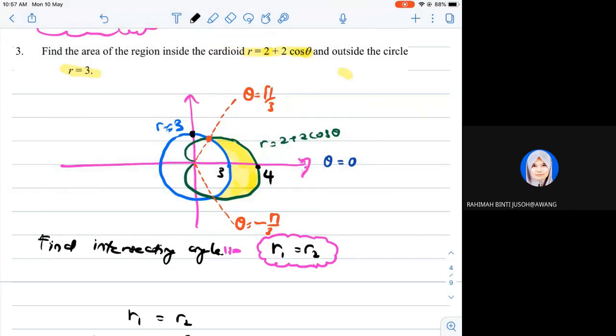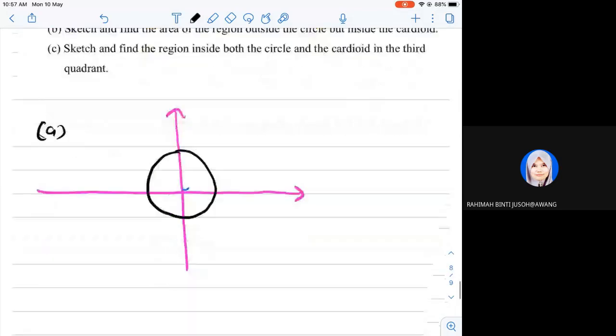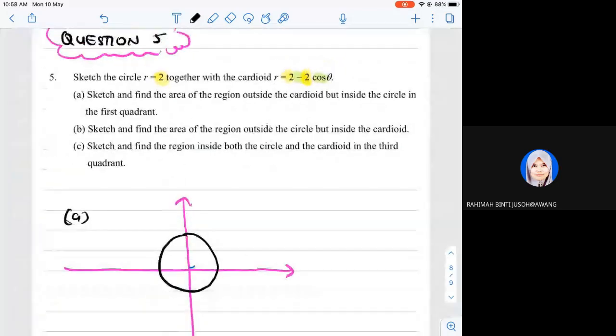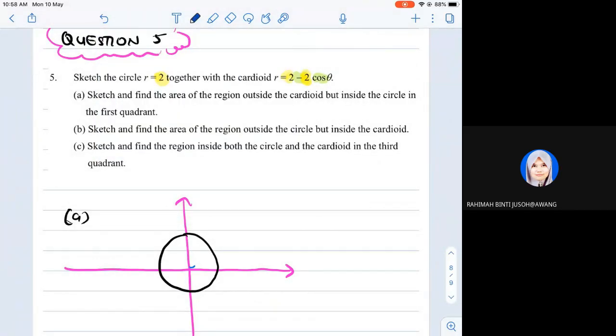Sebab dia 3, yang ni 2 kan. Ni 3, yang ni 2. Tapi kalau yang ni dia memang sama, 2 dengan 2. So bila dia sama, make sure bila you plot tu, graph tu, dia betul-betul intersect dekat koordinat 2 ni lah. Okay, ni 2 kan? Titik 2. So dia betul-betul kena intersect.